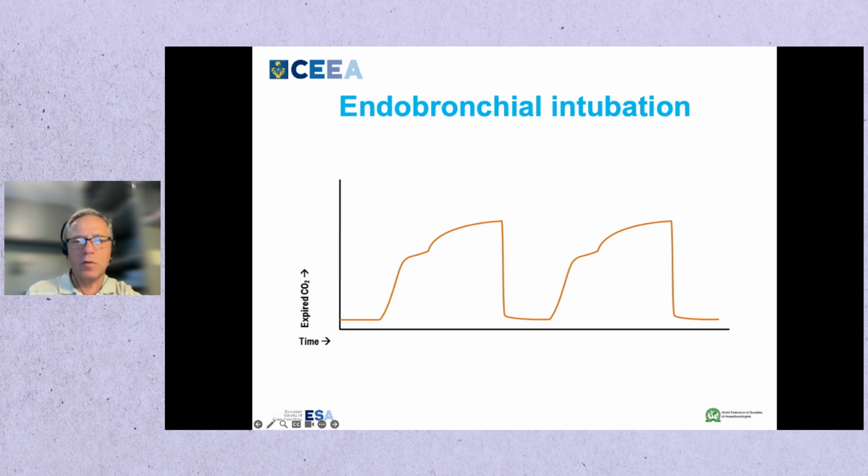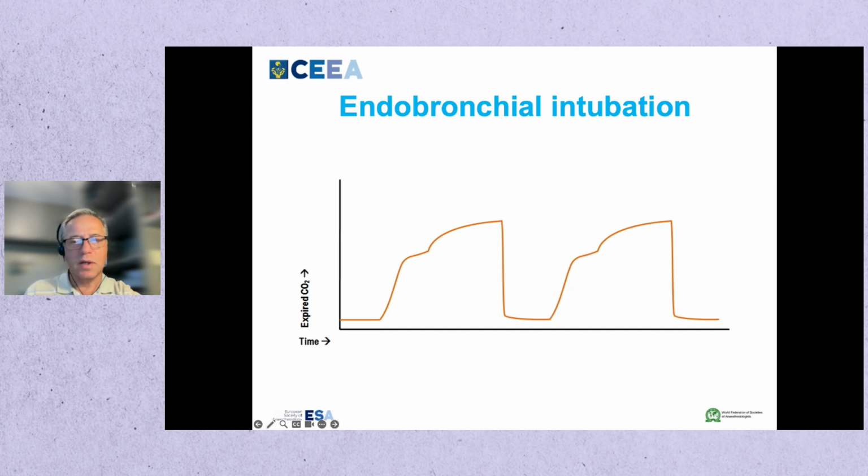This bifid waveform represents the differential ventilation of two lungs. Basically, as the endotracheal tube is positioned mainly in the right main bronchus, the airflow through the right lung is the best. And the right-sided gas forms the first, brisk and steep, part of the waveform.